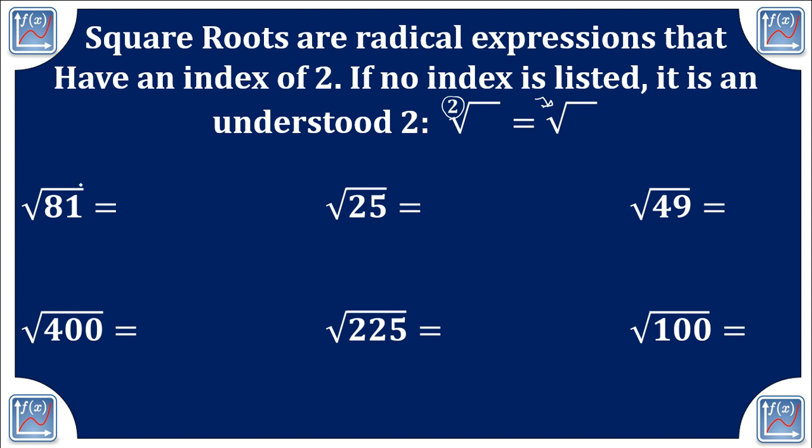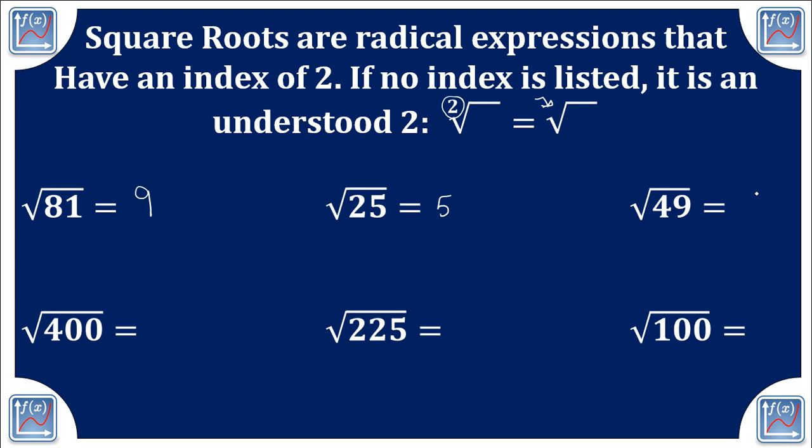So if we're going to take the square root of 81, we're asking ourselves, what times what gave us this 81? And of course, that is 9, because 9 squared is 81. So the square root of 81 is 9. The square root of 25 is 5. 5 times 5 gave us the 25.